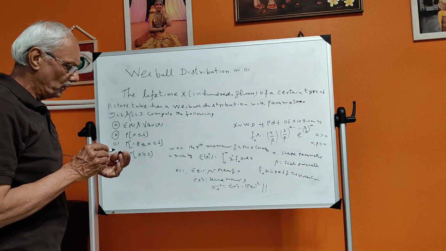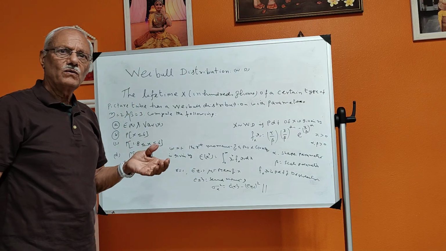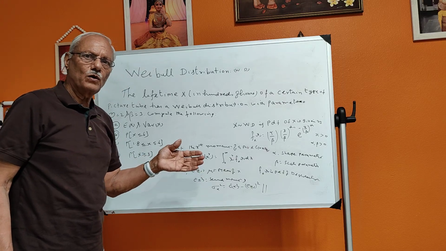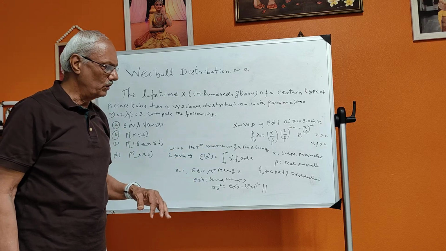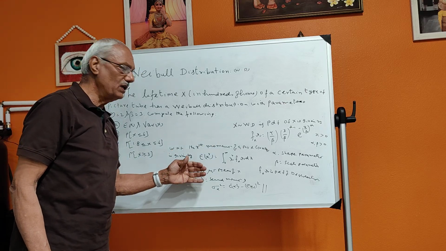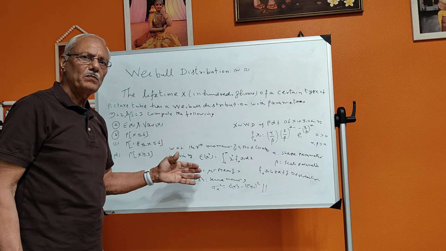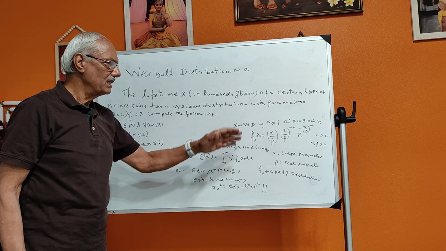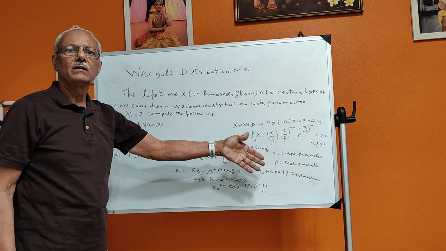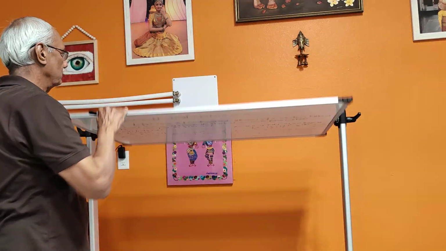So these two are the important things. For the third moment and fourth moment, they talk about the skewness and the kurtosis. We can talk about that using them. But here we are very much concerned about finding the mean and also the variance of the random variable x that follows the Weibull distribution.